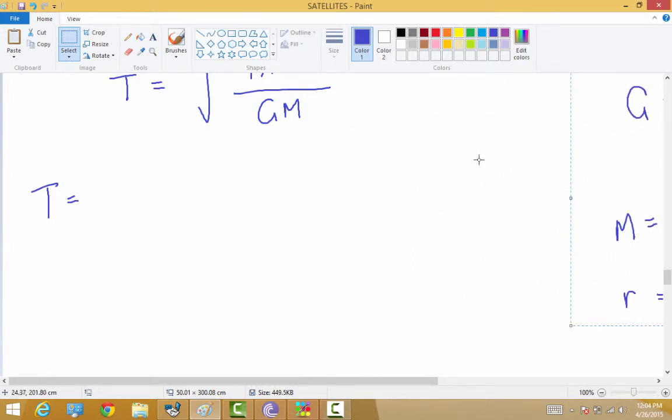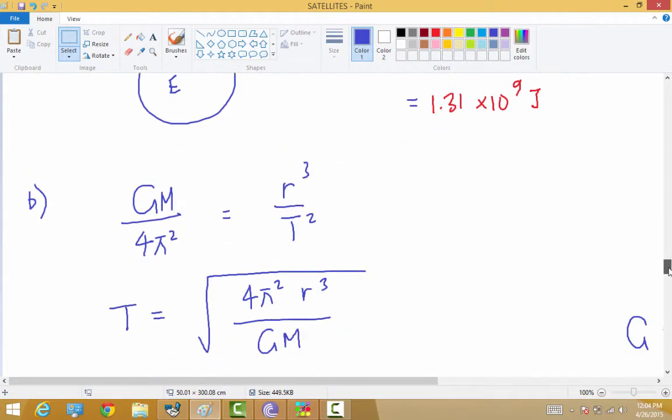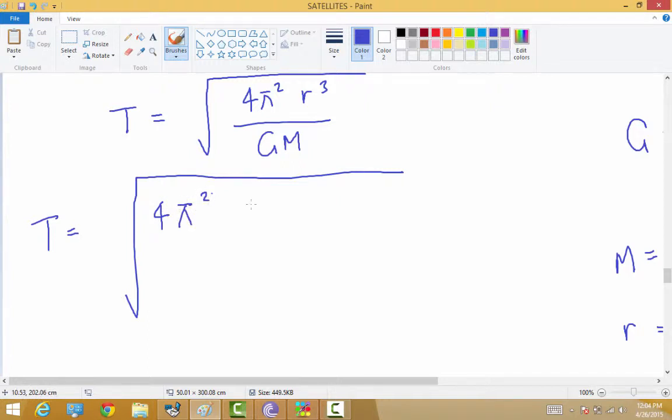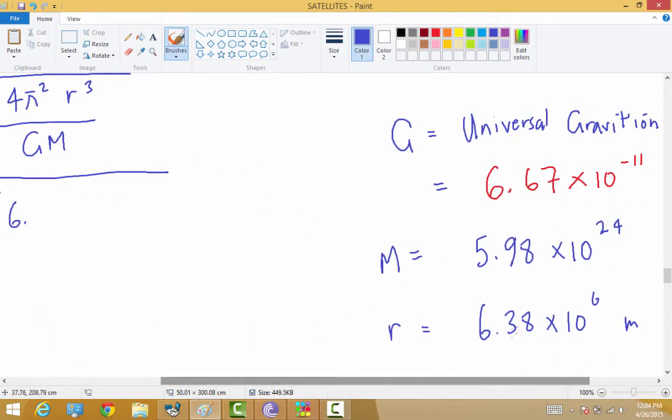I'll put them to the side so I can see them. Right, put those values in. It's 4 pi squared. R in this case: the radius of the Earth is 6.38 times 10 to the 6 meters, and the satellite is at 6 times 10 to the 5 meters away.